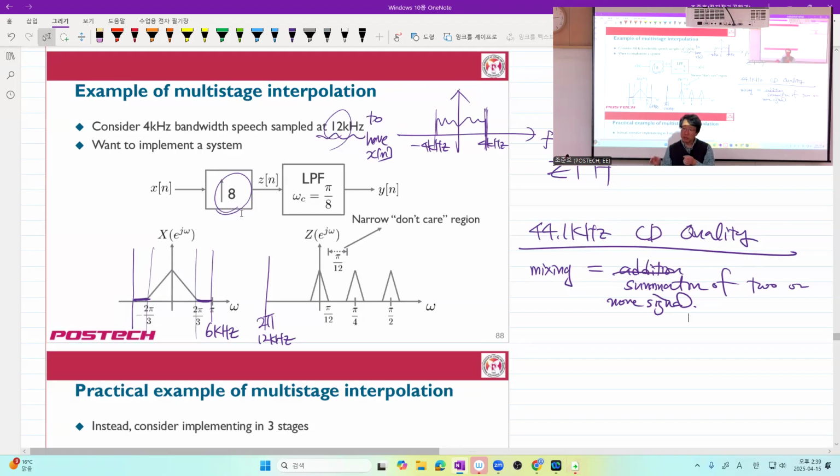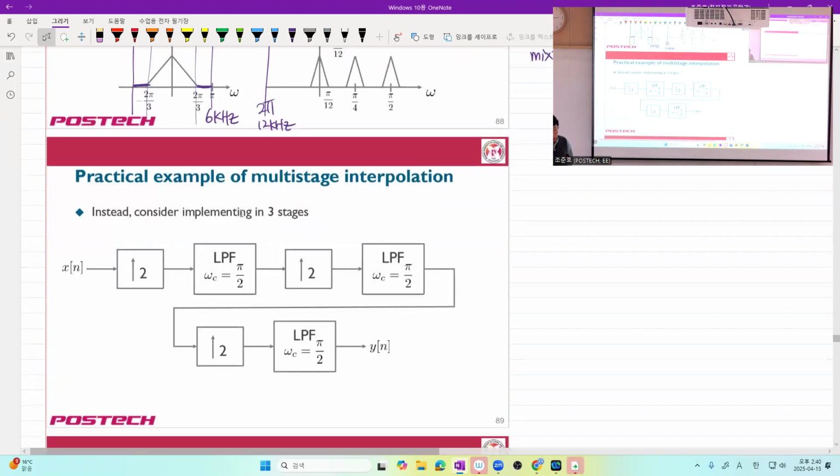And what they do is that they first upsample and filter, and they interpolate with a very fast D2A converter. Anyway, we can't hear that high frequency signal.